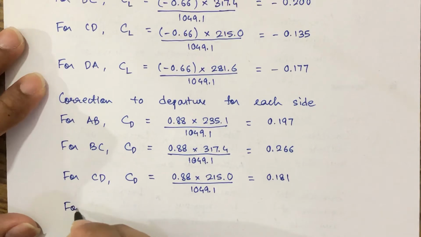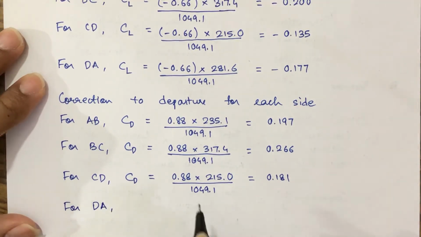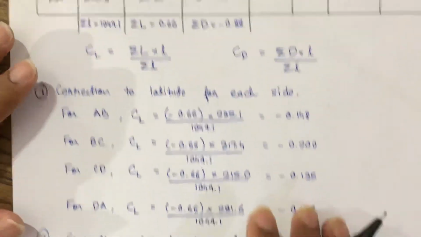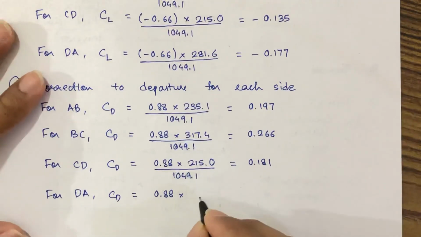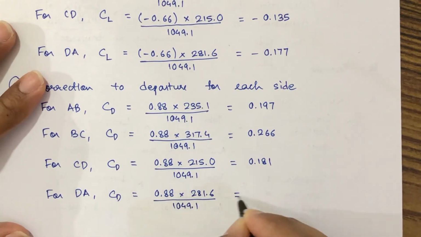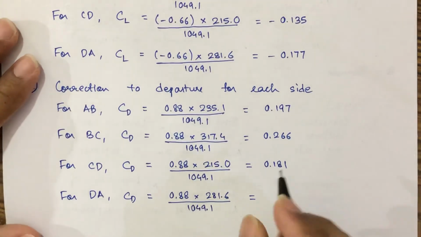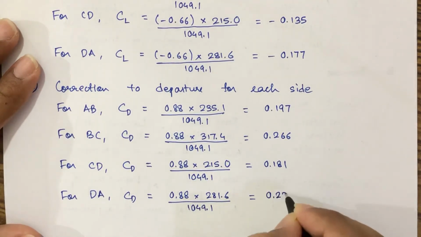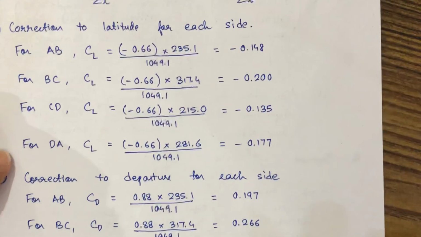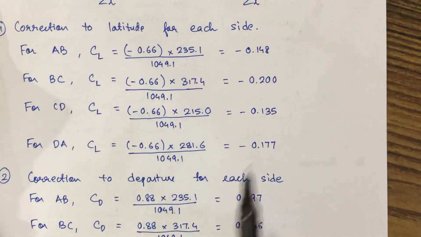And finally for side DA, the correction to departure is 0.88 multiplied by the length of DA, 281.6, divided by the perimeter, 1049.1. So this value comes out to 0.236.